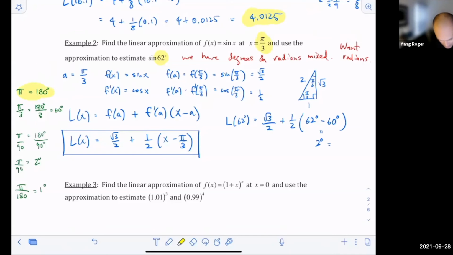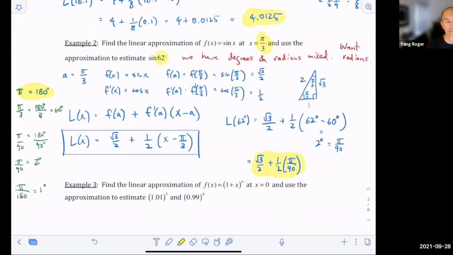So our linearization is going to give us a pi over 90 like this. We're going to have rad 3 over 2 plus 1/2 times pi over 90, and that's going to be our answer. If you wanted to, you could stick that into a calculator to get a decimal result. But this is our approximation.